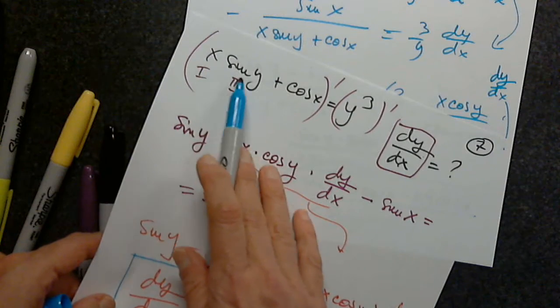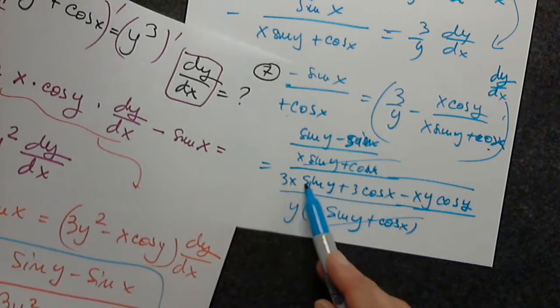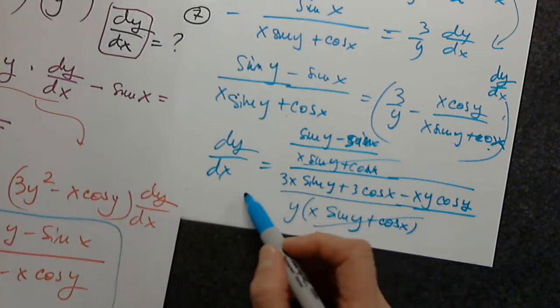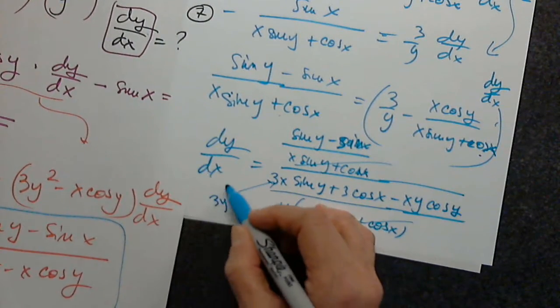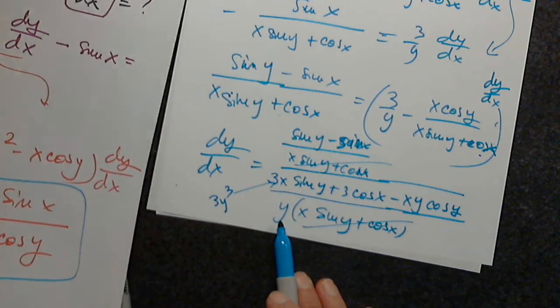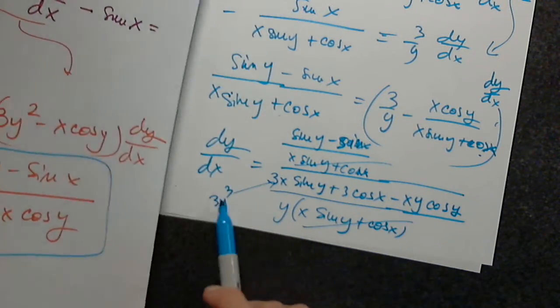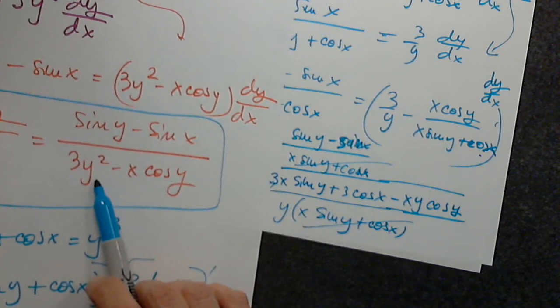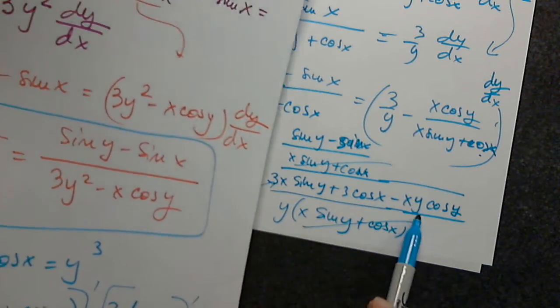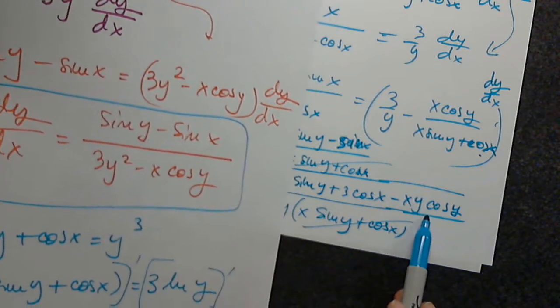So x sine y plus cosine x is 3y cubed. So this piece is 3y cubed and minus xy cosine y over y. So that's how I get 3y cubed over y, which is 3y squared. And I get the negative x cosine y divided by y, which is negative x cosine y.